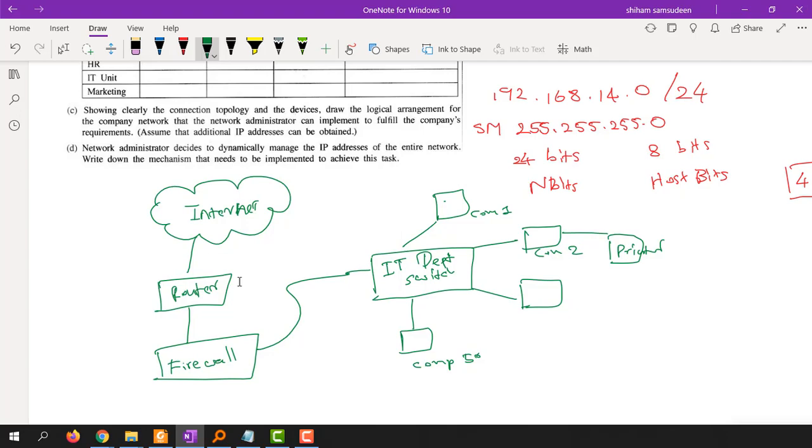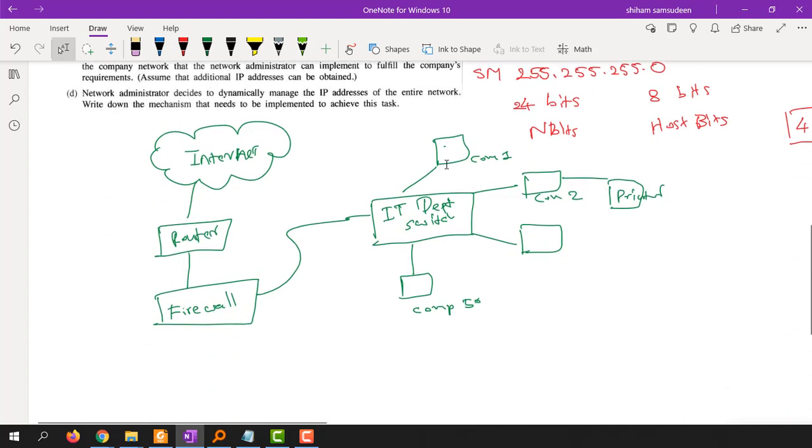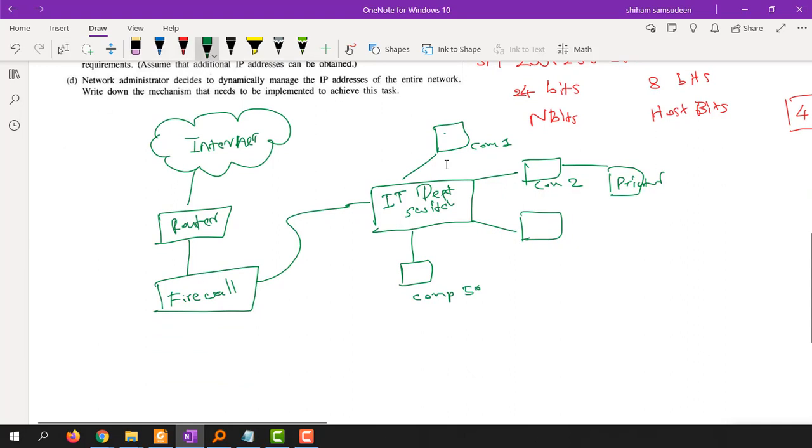And one of these is what is the system called? That is LMS, right? So this guy is LMS, right? And because this is the network that has the internet connectivity, you will have to have the DNS server as well as the proxy server.